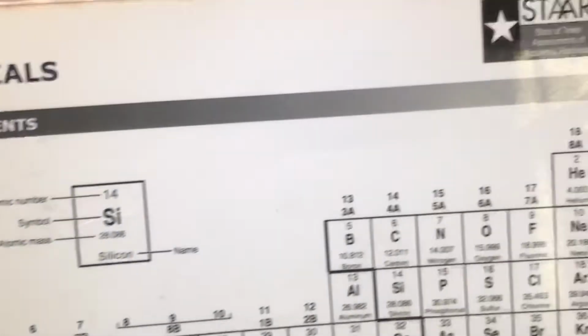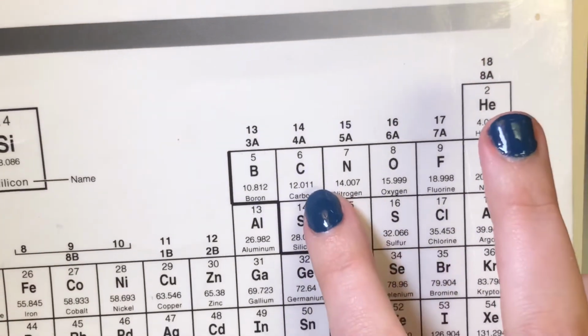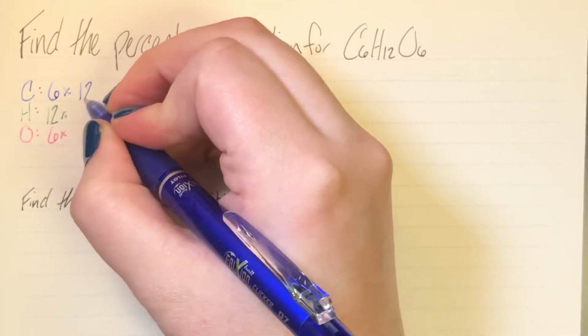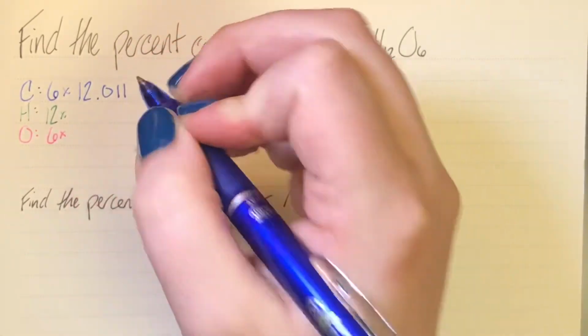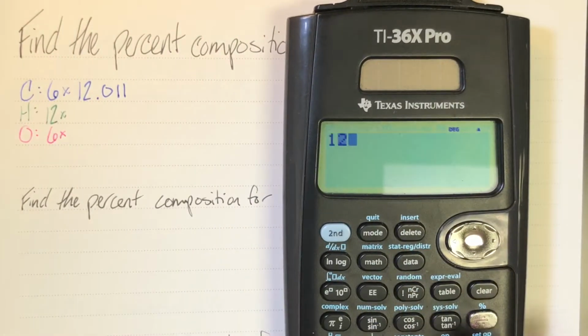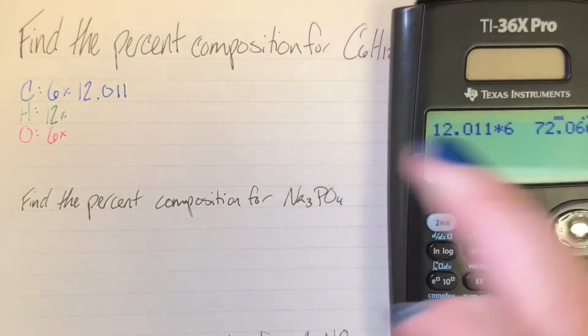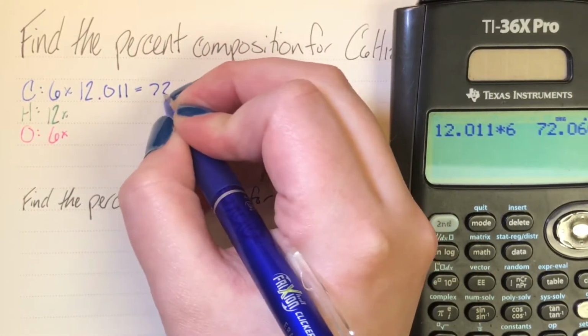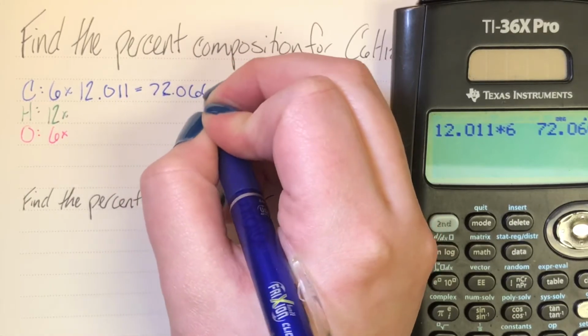So carbon is going to have a mass of 12.011, times 6 gives me the number 72.066.